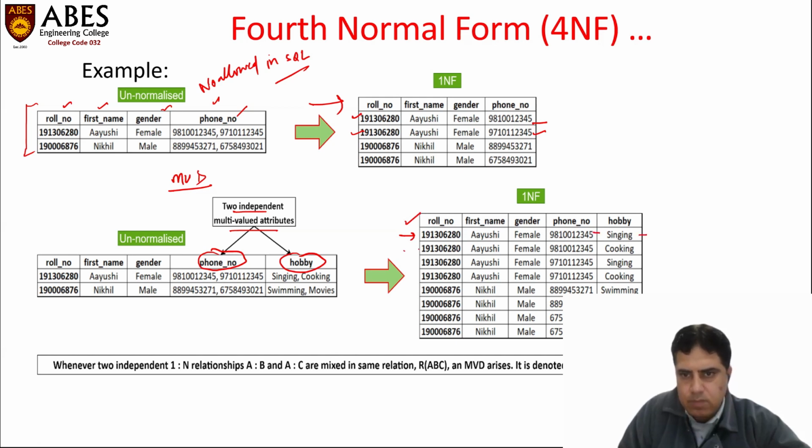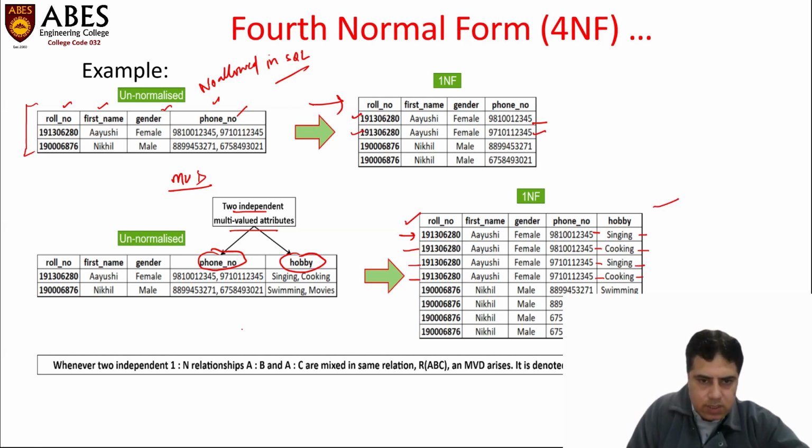Against the same roll number, there is the same phone number and a different hobby. Then against the same roll number, there is a second phone number and the first hobby, and against the same roll number, there is a second phone number and a second hobby. So we will denote this as A determines B or C.